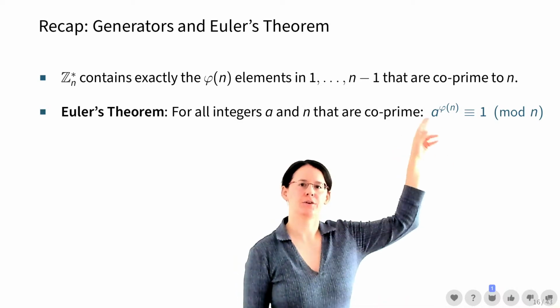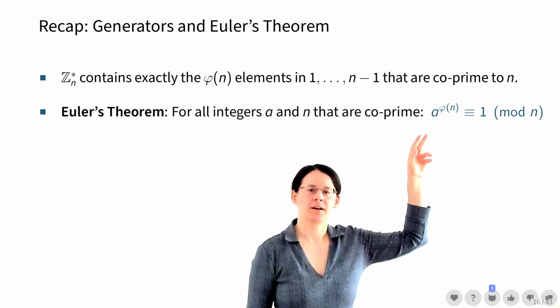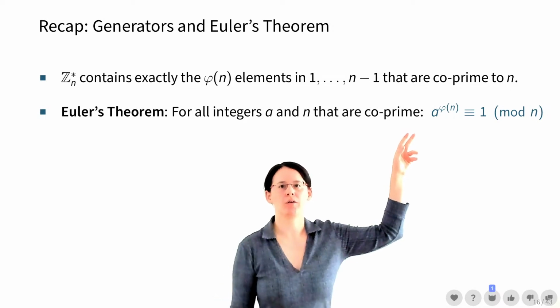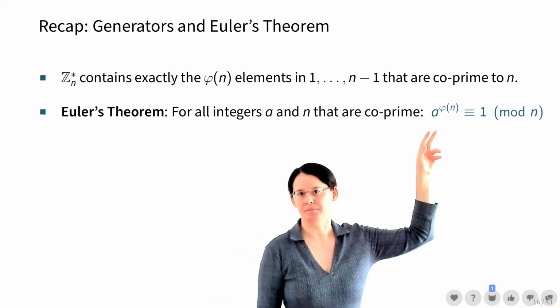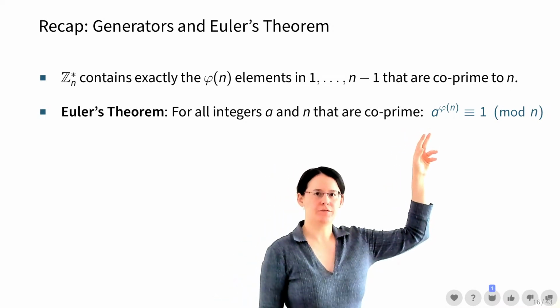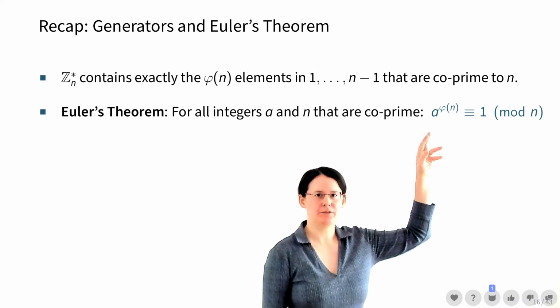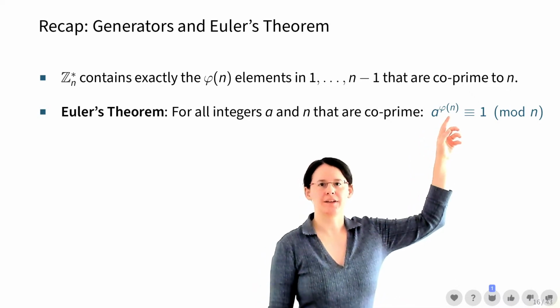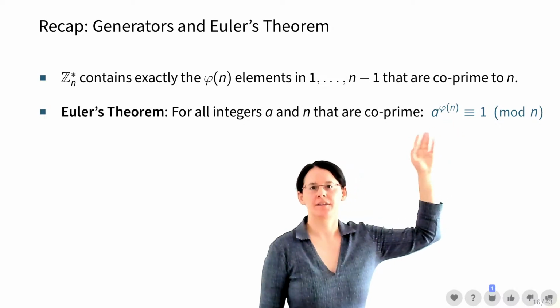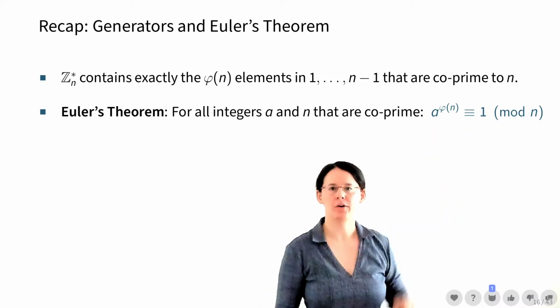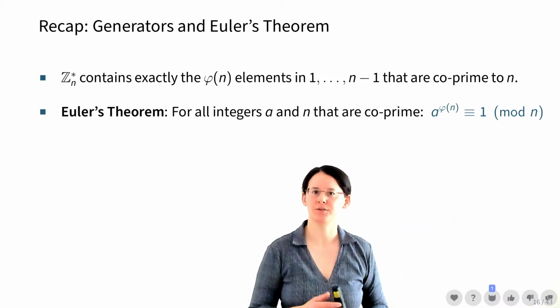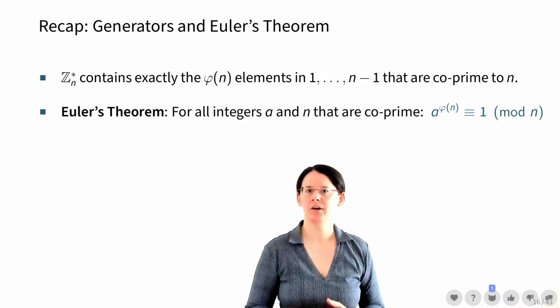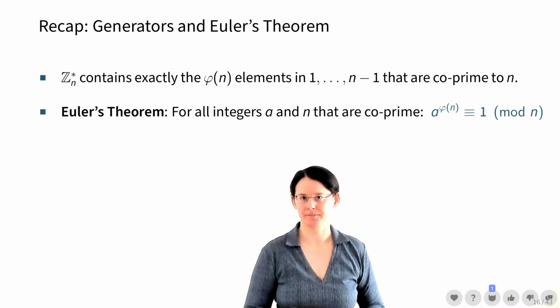So we can, in other words, exponentiate it. So for example, a to the power of 3 would be a times a times a. And if we do this very often, so multiply a by itself very often, namely phi of n times, then this little theorem, Euler's theorem, tells us that the result is guaranteed to be 1 modulo n.